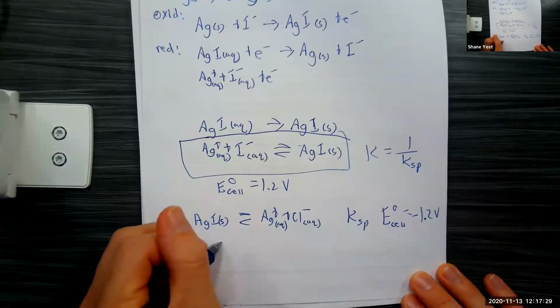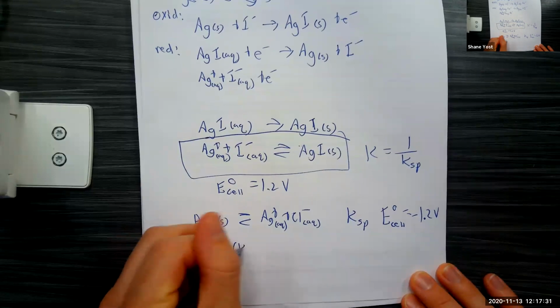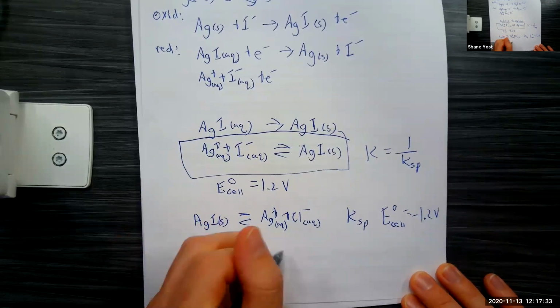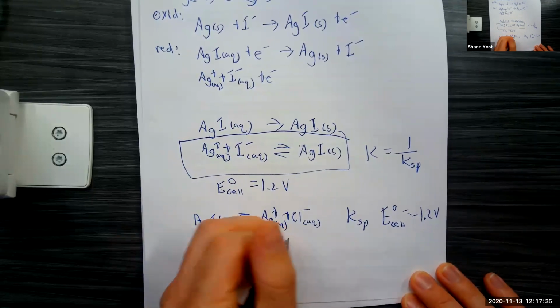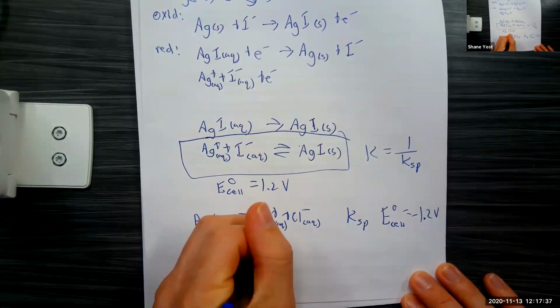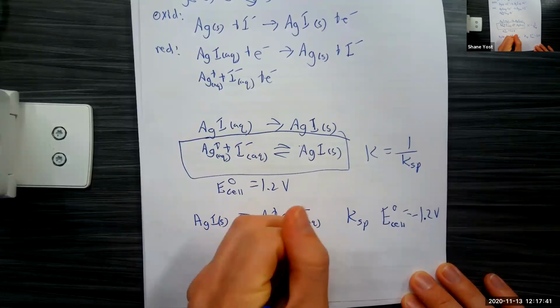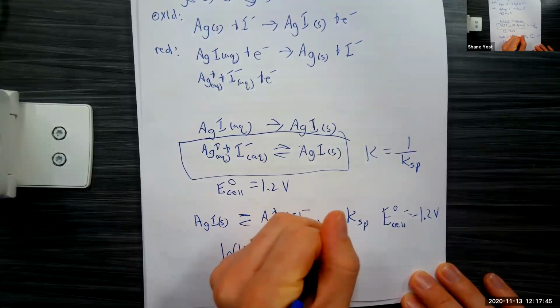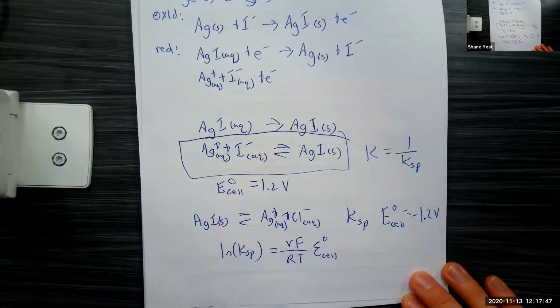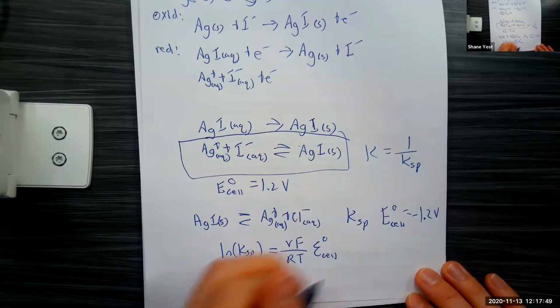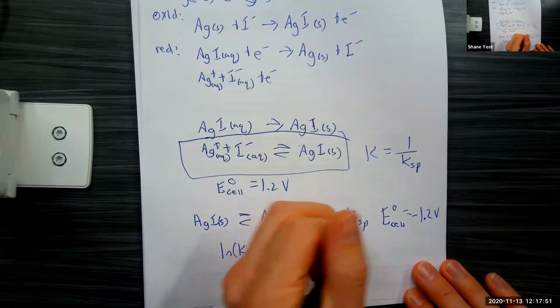And then ln of KSP is just equal to nF over RT times the standard cell potential.